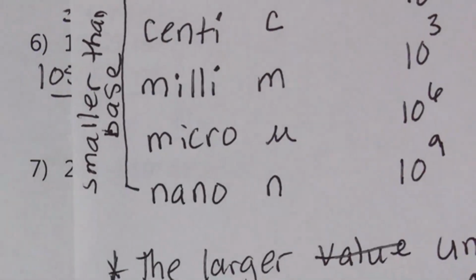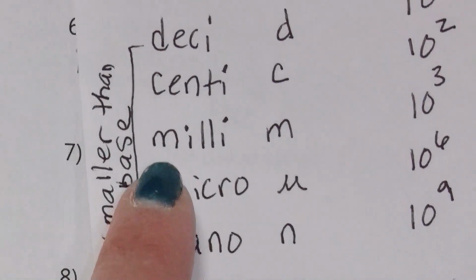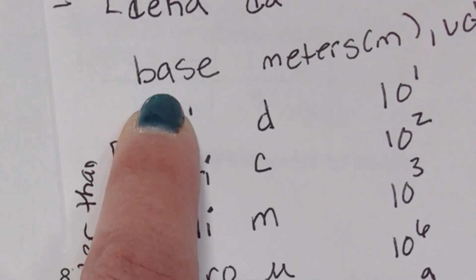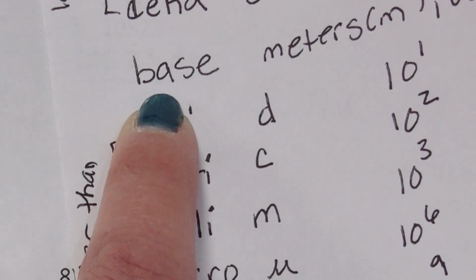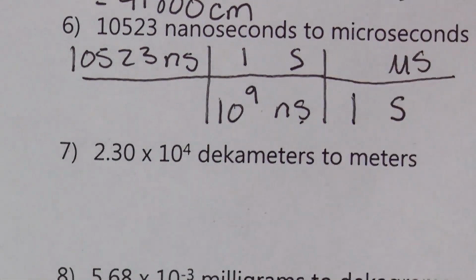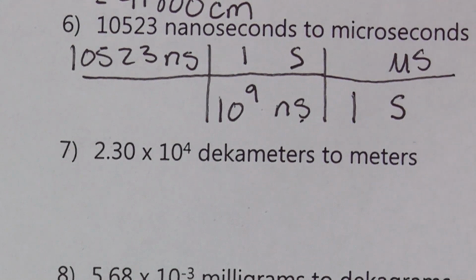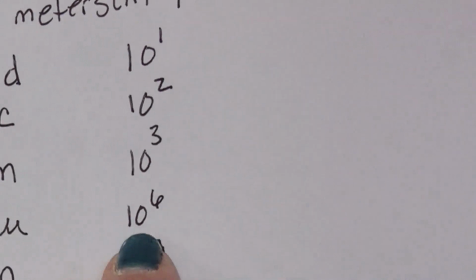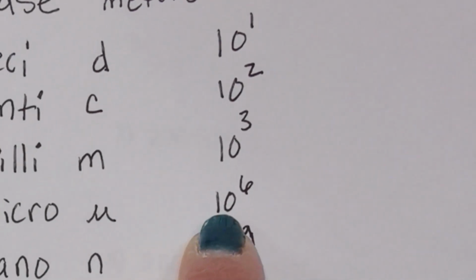So when I come back over to my chart, I see that the micro is in fact below the base unit. So because micro is below the base, the base unit is larger. Seconds is the largest, so I give it the 1. And micro is going to get a 10 to the 6.